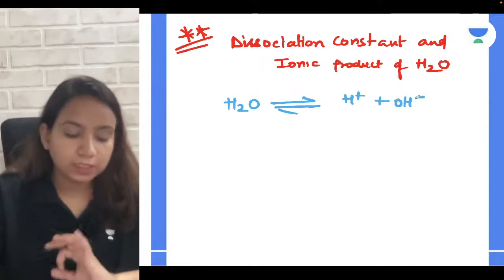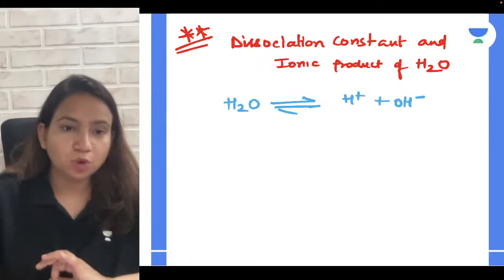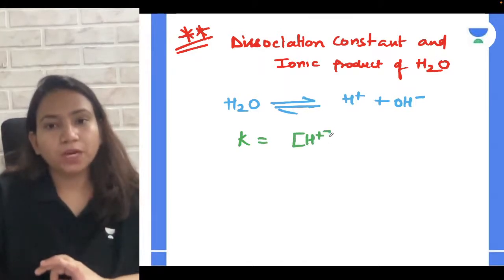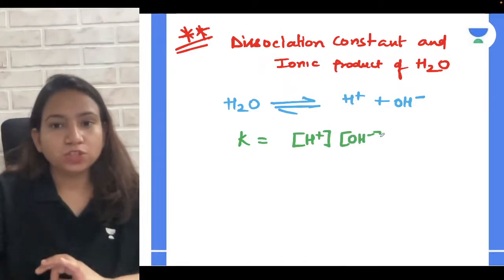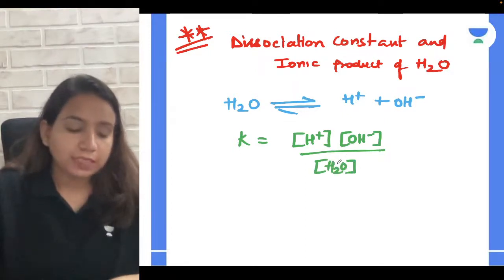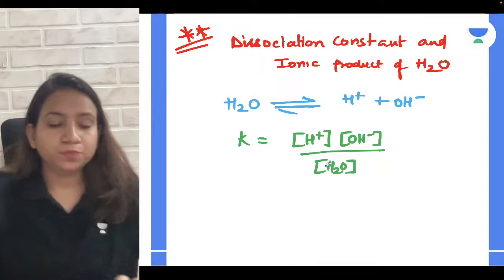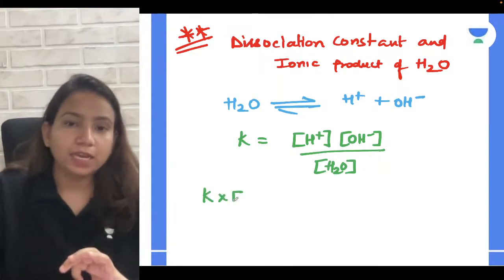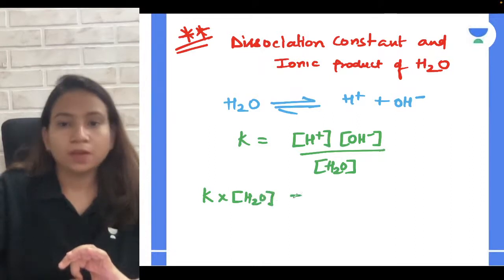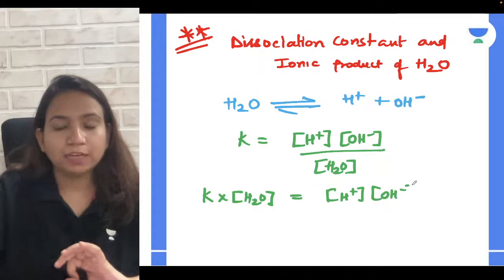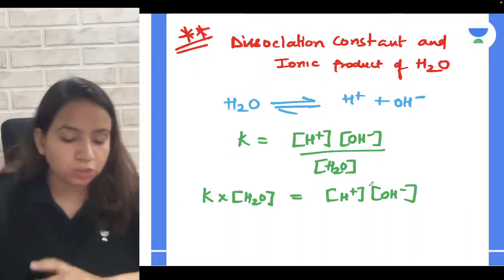If I have to write its dissociation constant, I can write K is equal to the concentration of products divided by the concentration of reactants. Can I write it like this? Very good. You know that the water concentration is going to be constant. So I can write K into water concentration is equal to H plus ion concentration into OH minus ion concentration, and water concentration is going to be constant.